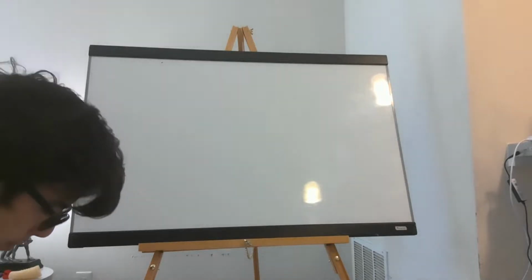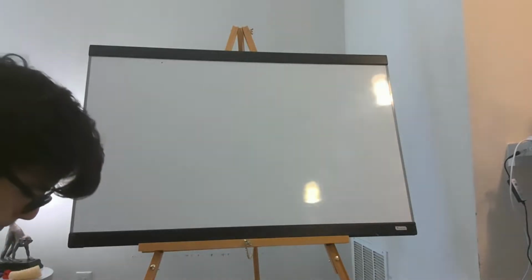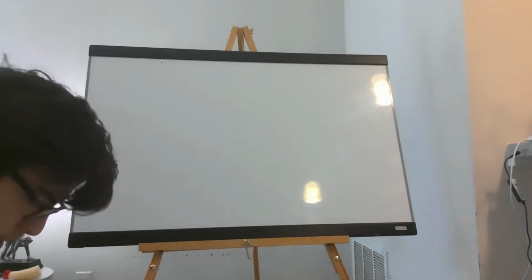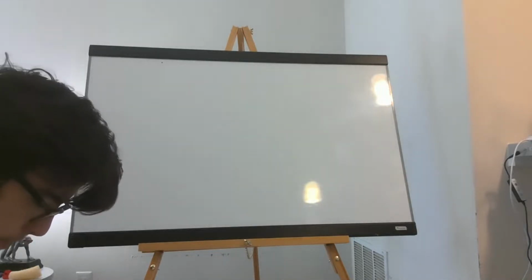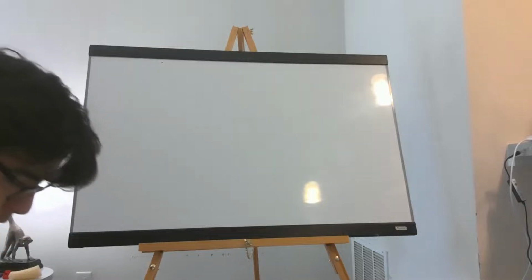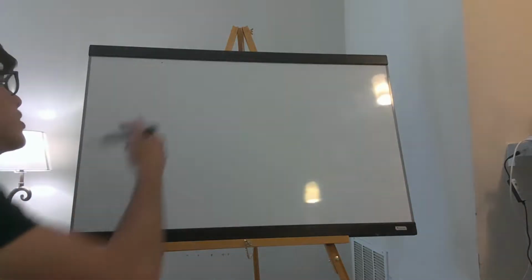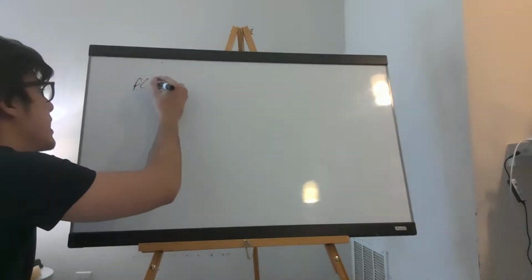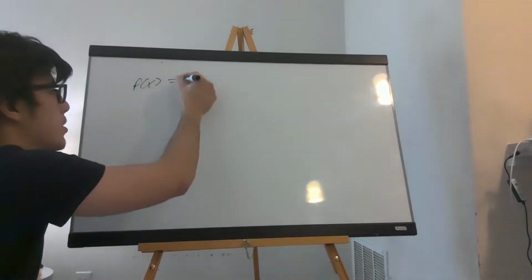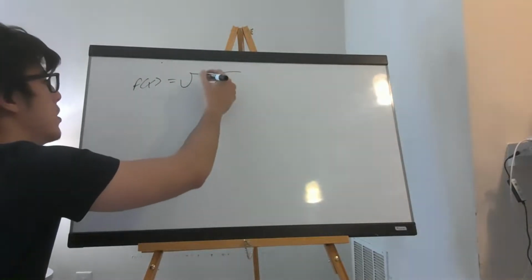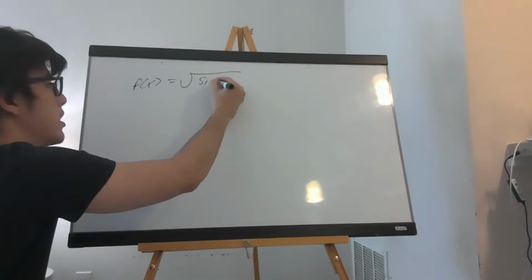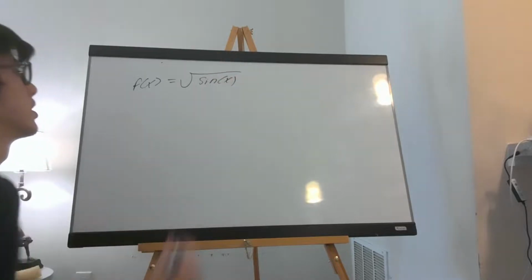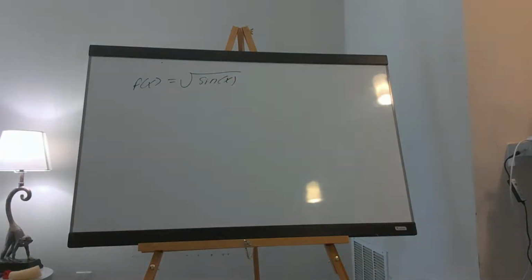I'll do a chain rule problem. Let's do something kind of fun. f of x equals the square root of sine of x. I don't know, that's kind of fun.